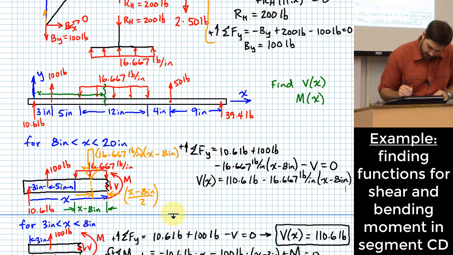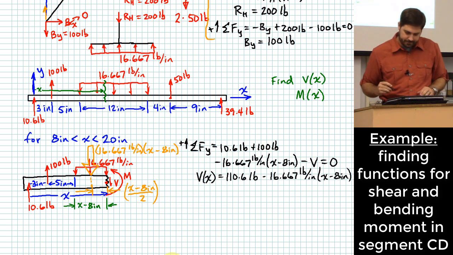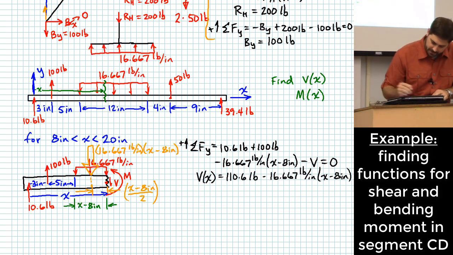Now, for our big one, the moment equation. I'm going to give myself some room down here. What if I sum moments around the cut? What will I see here?